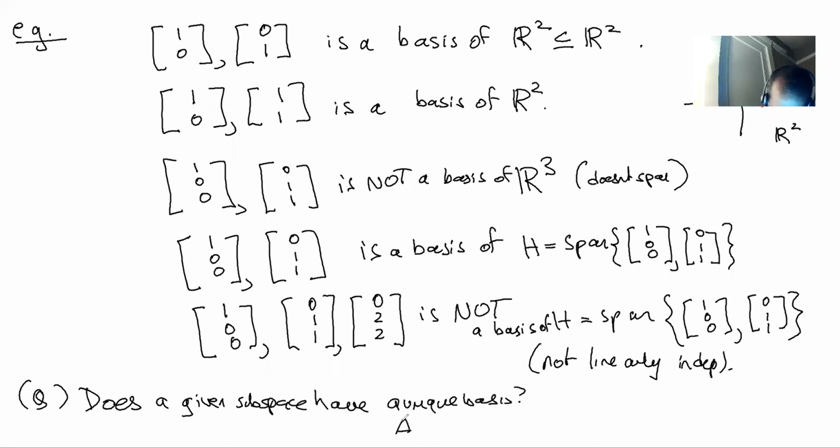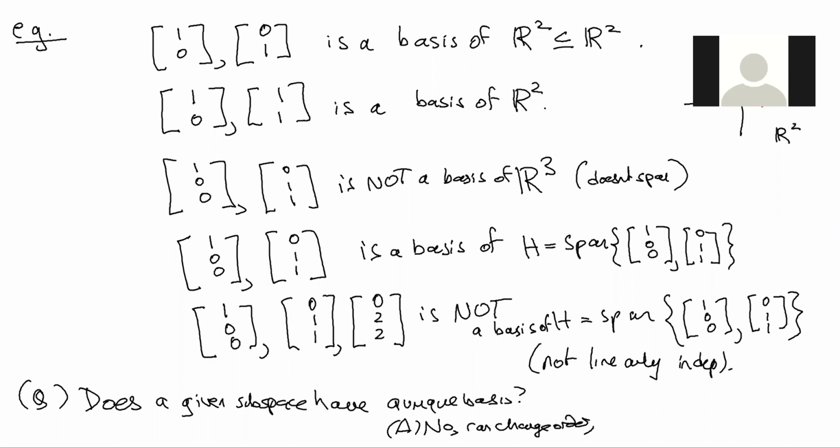So the answer is no, you can change the order. But there's actually some more stuff you can do. What else can you do? Change the order of the vectors. But you can also scale them.